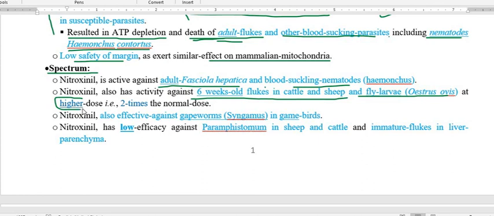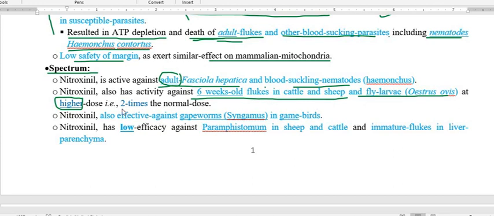So at therapeutic dose, it is active mainly against adult Fasciola hepatica, but at a higher dose it may kill the 6-week-old flukes as well as fly larvae like Oestrus ovis.